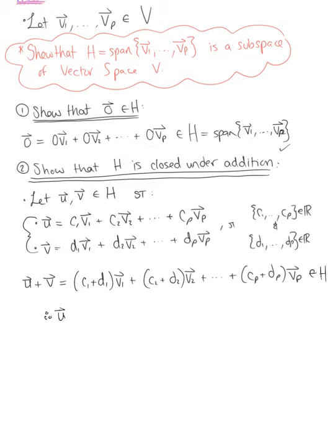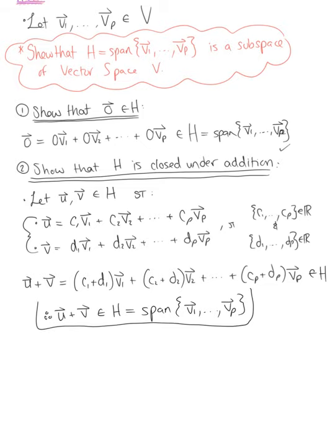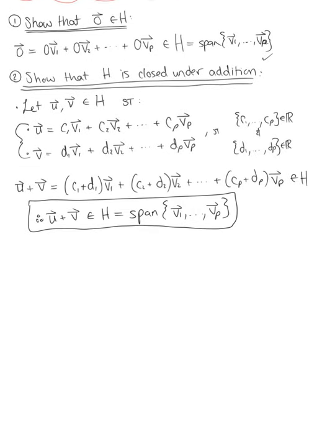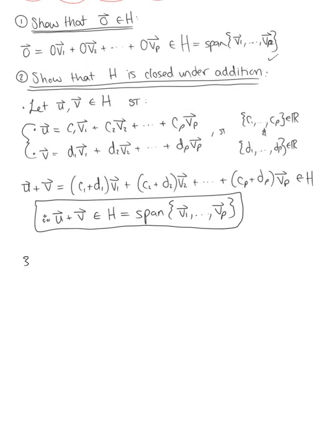So therefore, vector u plus vector v is in the span of these vectors, because the span is the collection of all possible linear combinations. And that last vector should be v sub p. Again, if you have not had a chance to watch the previous example, please do so that you can see what we just did in more detail.